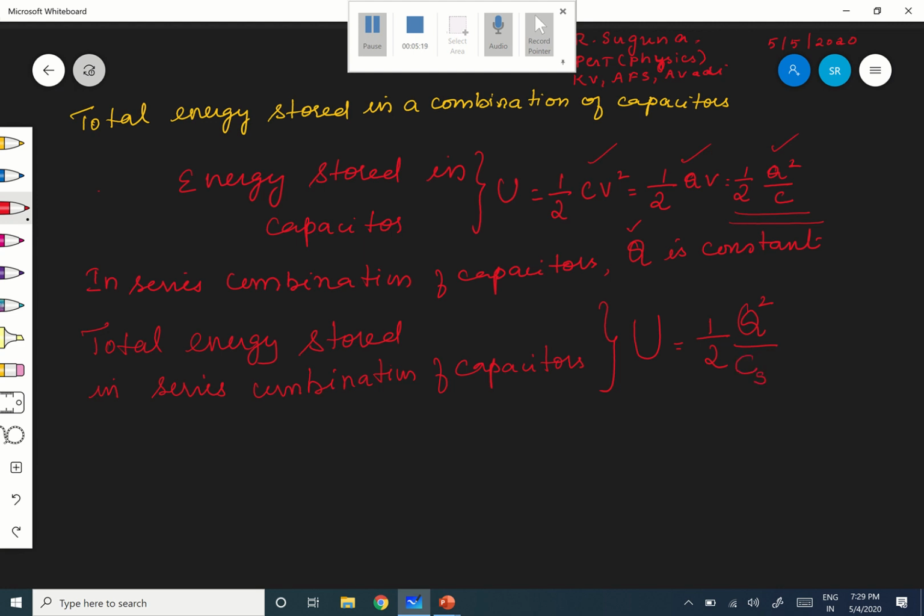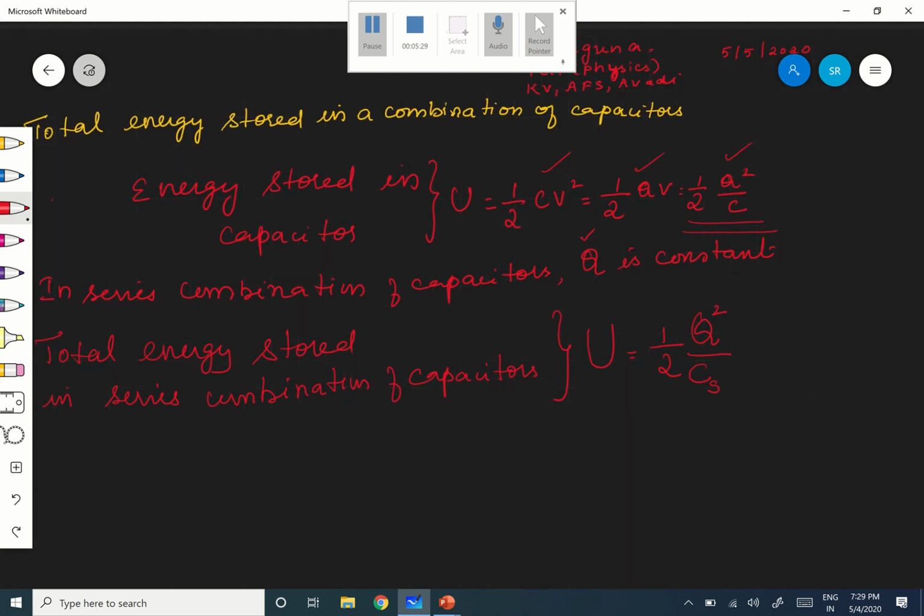Total energy stored in series combination of capacitors is U equal to half Q squared by CS. Q is the total charge stored in the combination, which is nothing but the charge in every capacitor when they are connected in series.